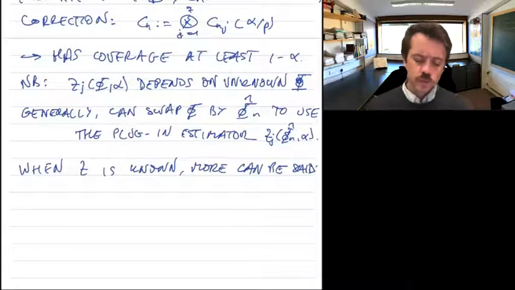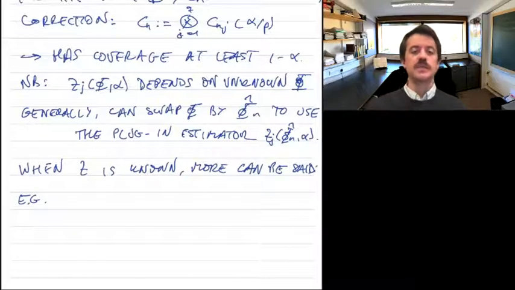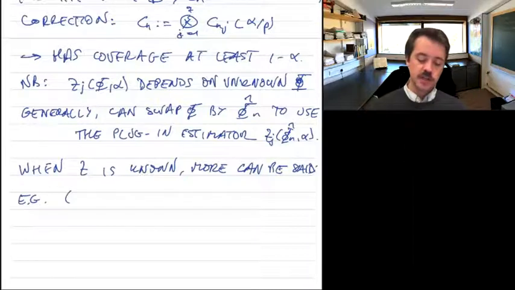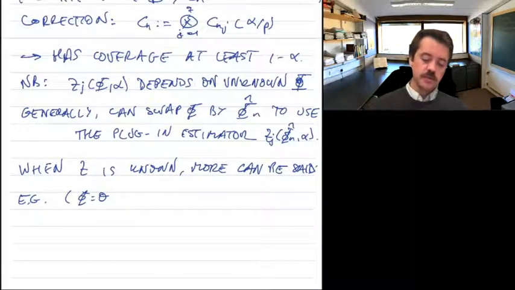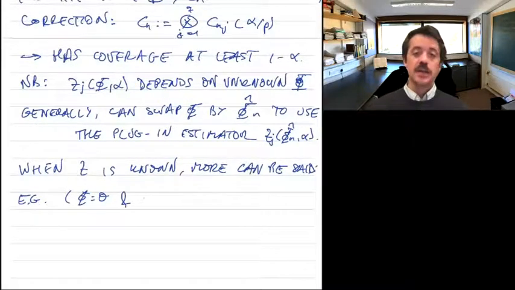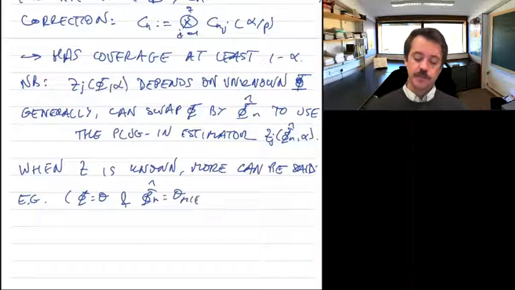Okay, so let's consider an example. Let me begin with the examples in which, as I was saying, we're interested in the parameter indexing the family, and the case in which we're looking at the MLE.